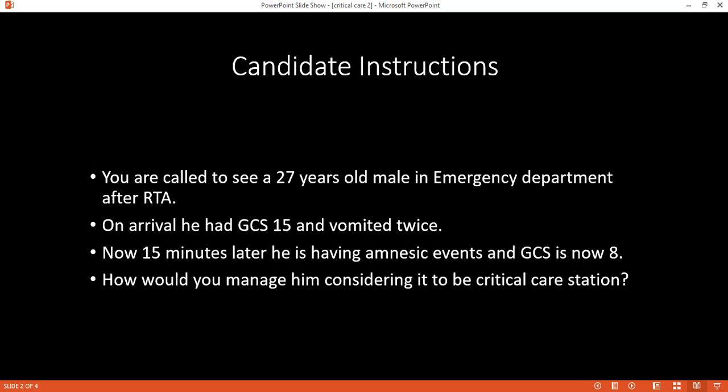All right, just suppose the patient is comatose, so you decide to take care of the ventilation of the patient. How would you do the settings of the ventilator, considering that he has a brain injury? Yes, we will try to keep the carbon dioxide on the lower side.